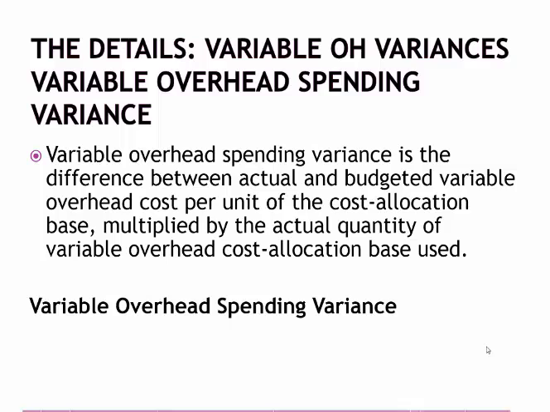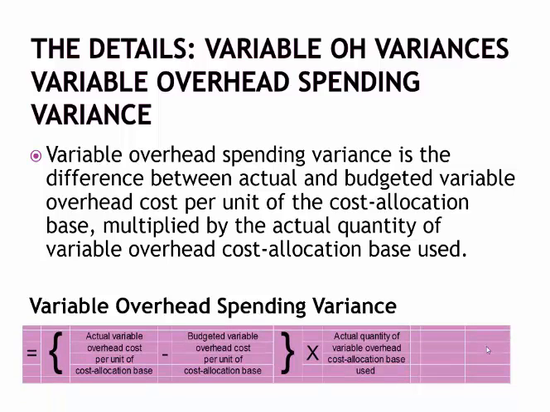All right, so here it is spelled out again. Again, you guys have seen me put these formulas in an Excel spreadsheet, breaking down and abbreviating what's going on. Again, we're looking at the differences in the actual variable overhead cost per unit of the cost allocation base, and the budgeted variable overhead cost per unit of the cost allocation base.